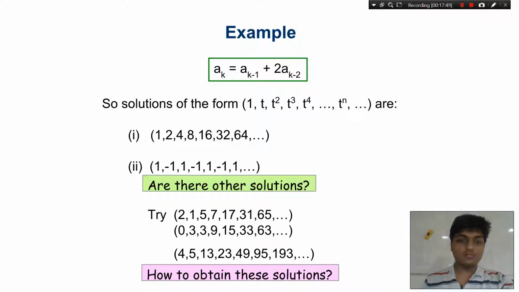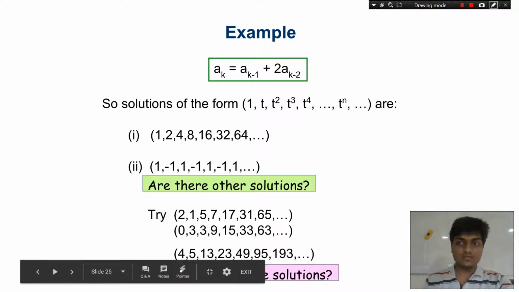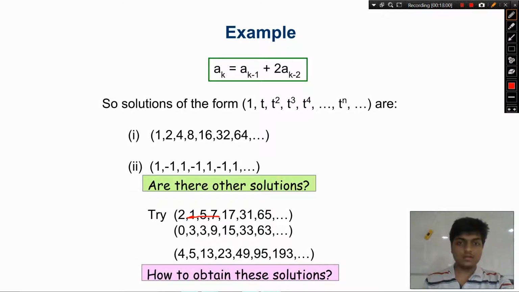Now you can also say that these are not the only solutions to this equation, because other sequences also satisfy it. For example, 5 is equal to 1 plus 2 times 2, which is 1 plus 4. 7 equals 2 plus 5, 17 equals 10 plus 7, 31 equals 14 plus 17, right?